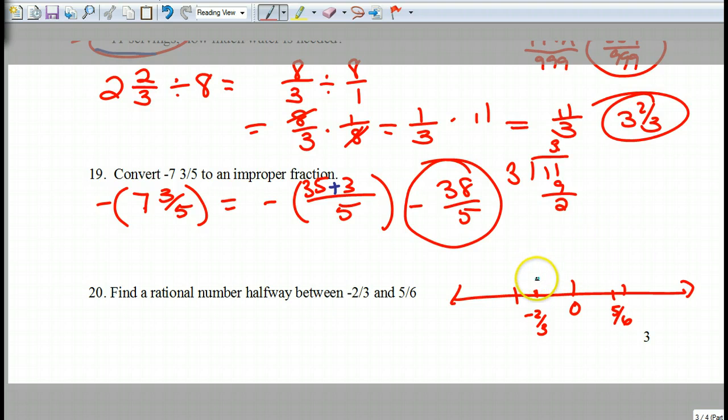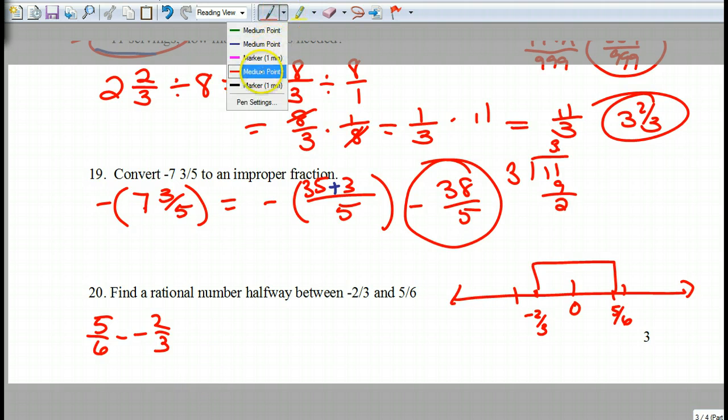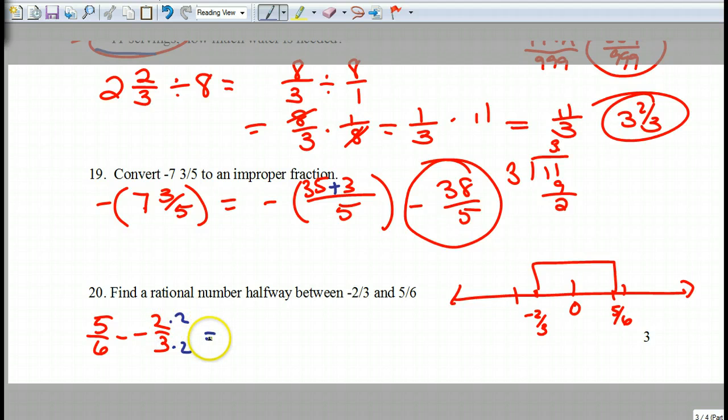So what we need to do is find the distance between -2/3 and 5/6 first. So we have 5/6 minus a -2/3. First of all, I'm going to multiply top and bottom of this. So it'll be 5/6, and these are 2 negatives, so I'll make it a positive.